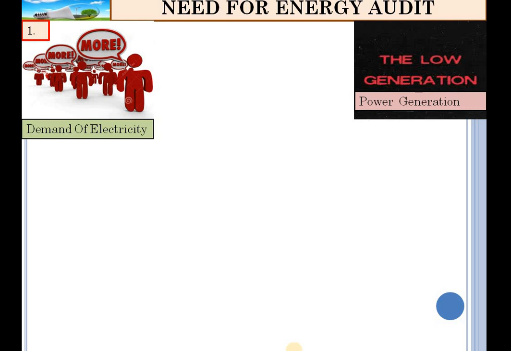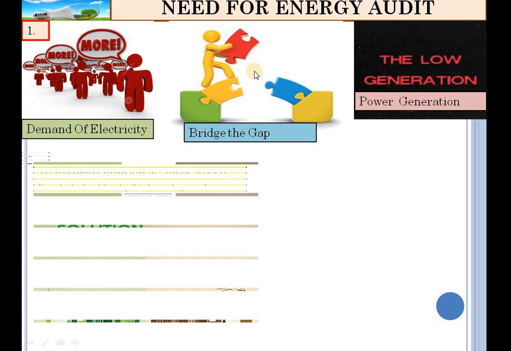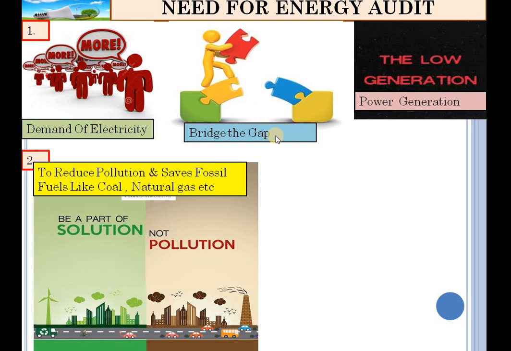So it is not a flexible solution that as demand increases we should increase the plants which generate electricity. So there is a huge gap between the demand for electricity and the power generation. To fill this gap, we must do energy conservation, or we have to bridge the gap by energy conservation.